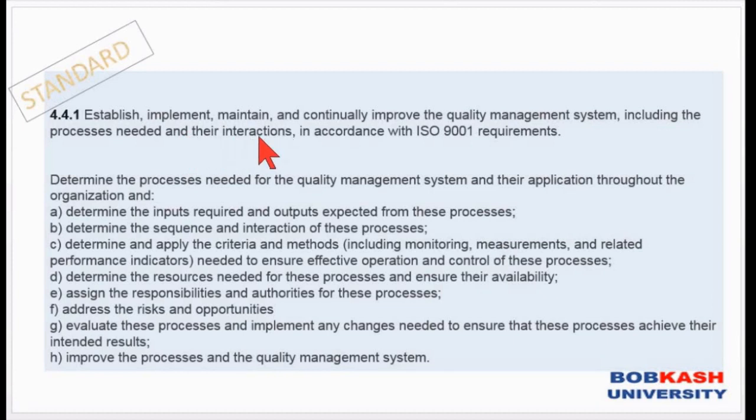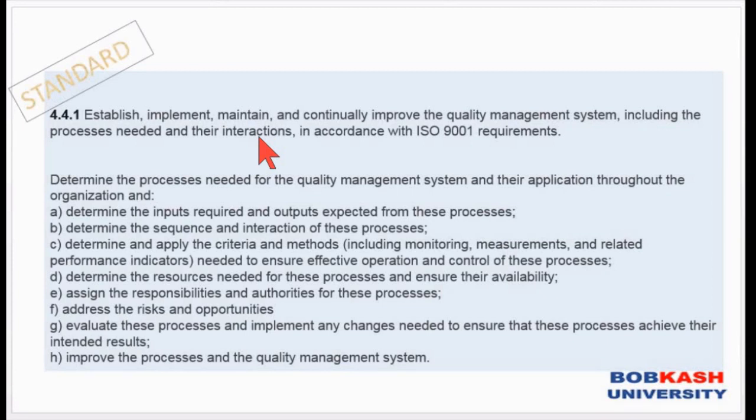Interaction is a point where two processes talk to each other. For example, the end result of process number 1 could be delivering a sub-assembly to stage number 4 of process number 2, right? The end result of process number 1 could be a sub-assembly, and that could be used by stage number 4 of process number 2.